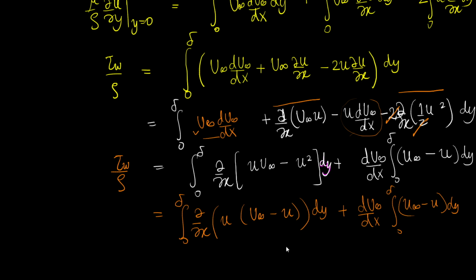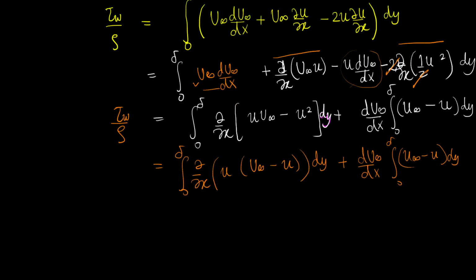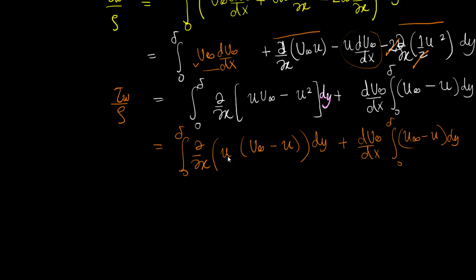So what have we gained by writing it like this? The one major thing that we have gained is, beyond the boundary layer, as y becomes larger than delta, u becomes equal to u infinity. So u tends to u infinity, so all these integrals will vanish beyond y equal to delta. So I can conveniently replace the limit 0 to delta as 0 to infinity.